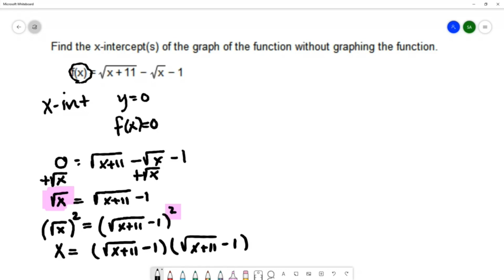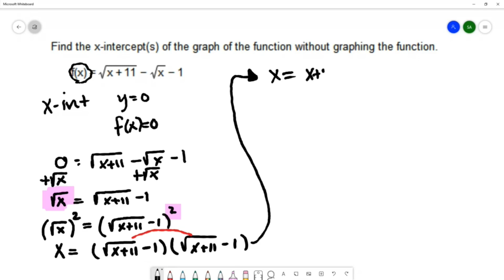And then I'm going to multiply it out up here. We have x equals, and we're going to multiply these first two together. Square root of x plus 11 times square root of x plus 11. Excuse me, I misspoke.